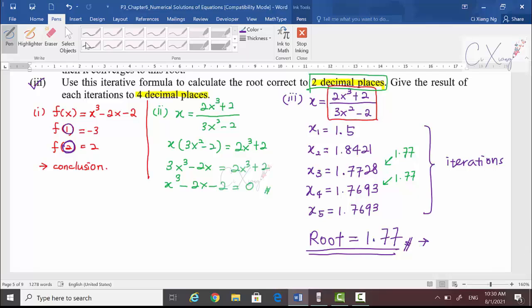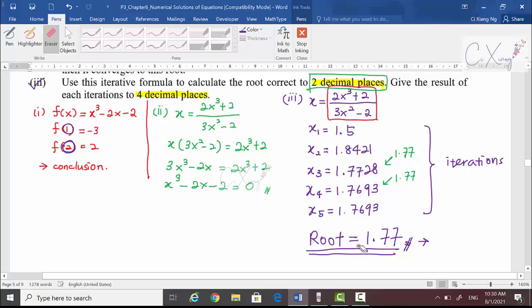This is usually how I teach students about the iteration here. From now onwards, I want to be on the safe side again.